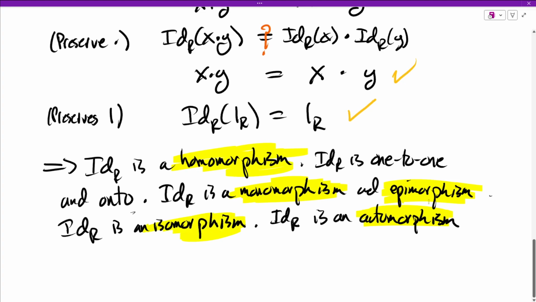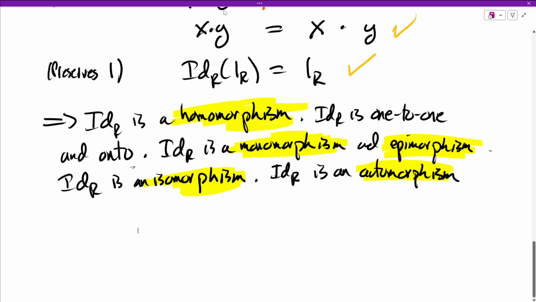To be a monomorphism or epimorphism, you first have to be a homomorphism, and then you have to satisfy extra stuff. To be an isomorphism, you have to be both a monomorphism and an epimorphism. And to be an automorphism, you have to be an isomorphism, which has the same codomain as the domain. So anyways, this actually satisfies all of those definitions.